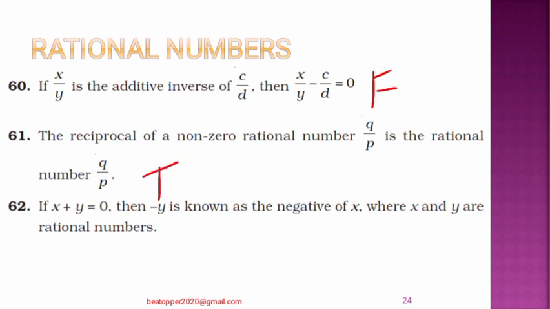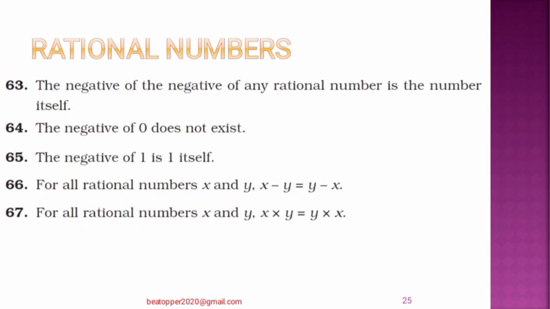Yes, true. If x plus y is equal to 0, then minus y is known as the negative of x, where x and y are rational numbers. No, if x plus y is equal to 0, then y is the negative of x. Y, not minus y. Y itself is the negative of x. So this is also false.